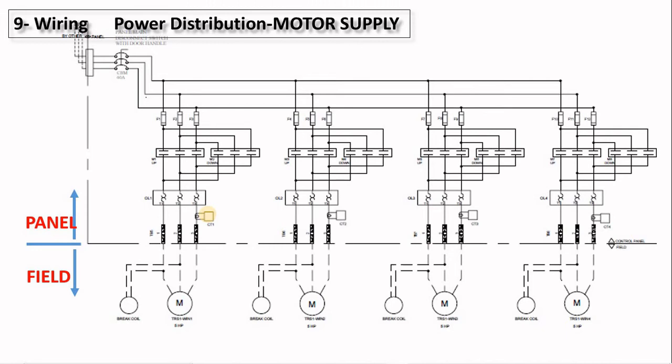In this case we have 3 or 4 motors. We have the contactors. It's 2-direction motors. You have the contactors here, the main circuit breaker, the fuses, the overloads, and it indicates what is your field side and your panel side.